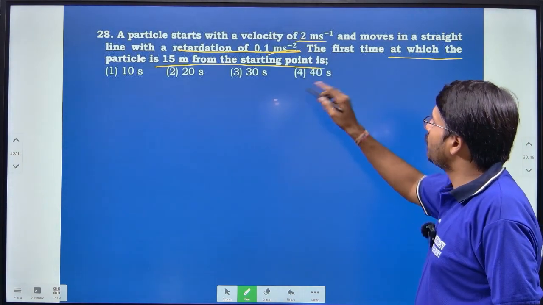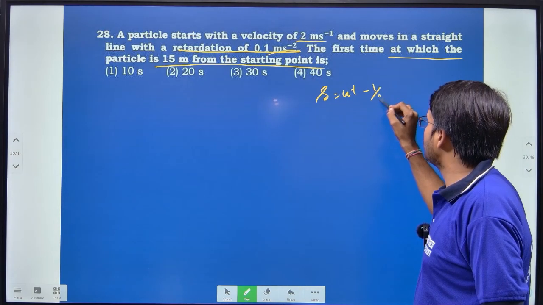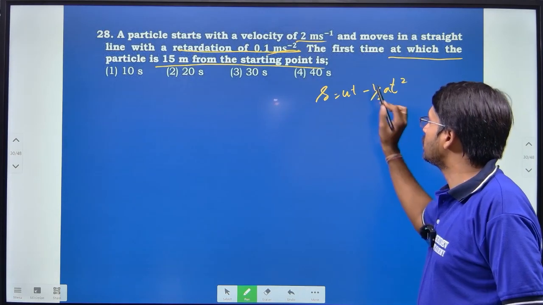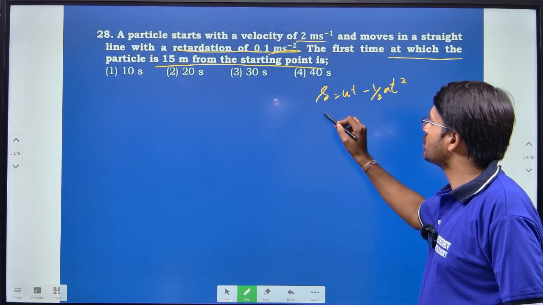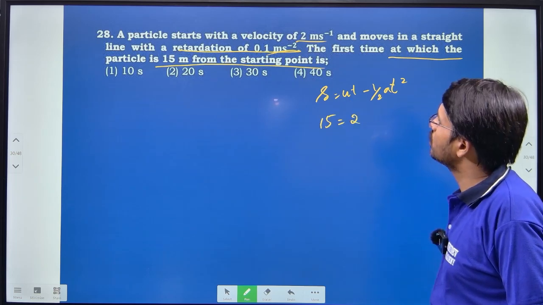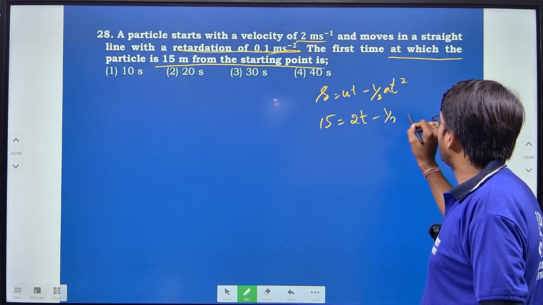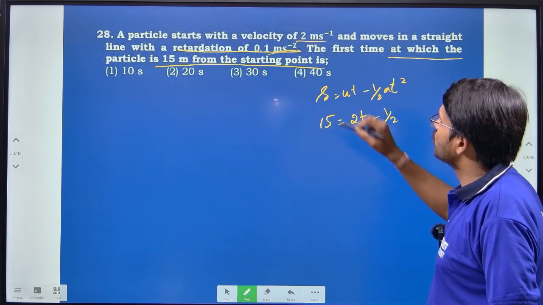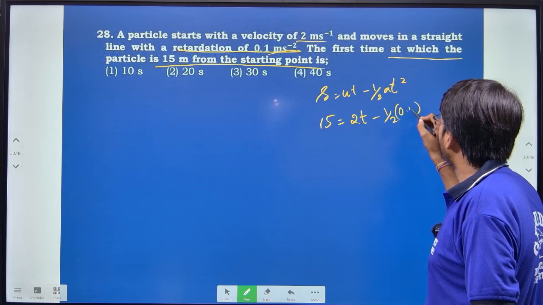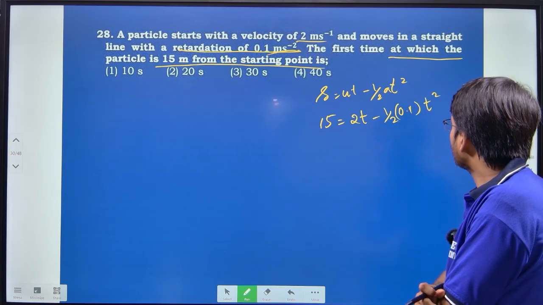So displacement is s equals ut minus half at square, because it is undergoing retardation. So s equals 15. u is 2. Time they have not given, so we have to find the time. Then half, acceleration is 0.1, multiplied by t square. So we'll simplify this.